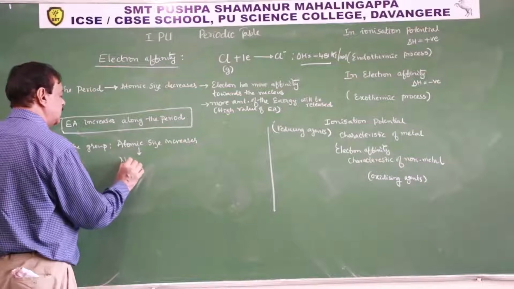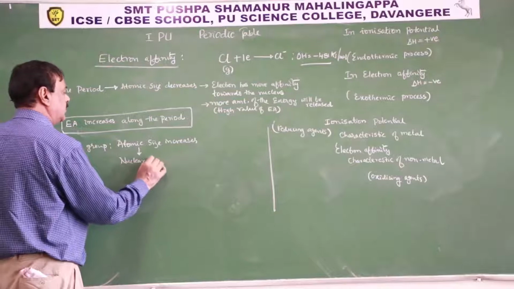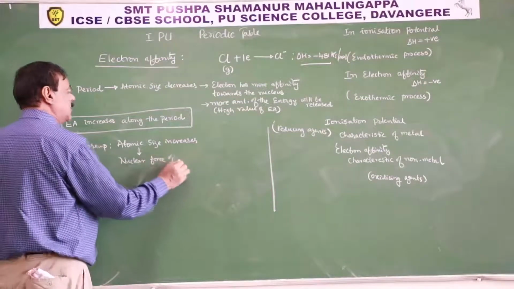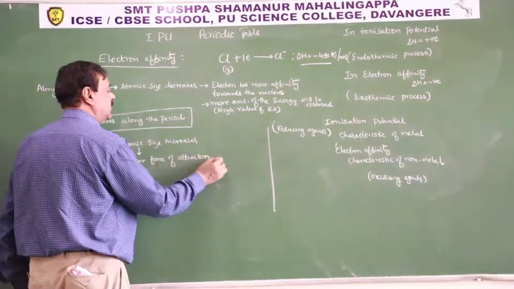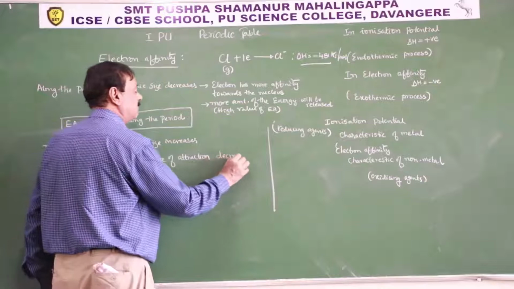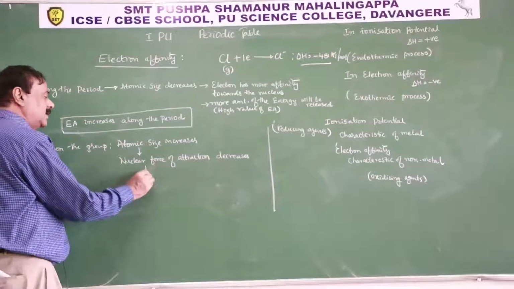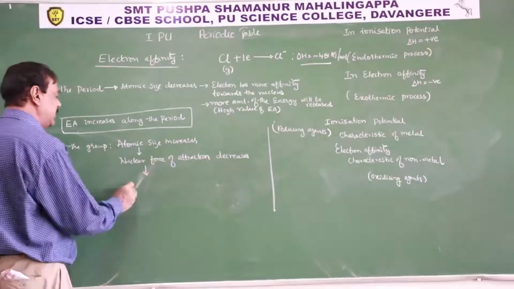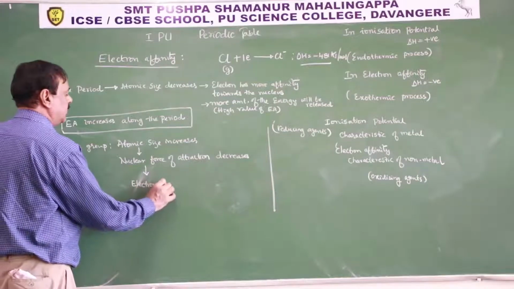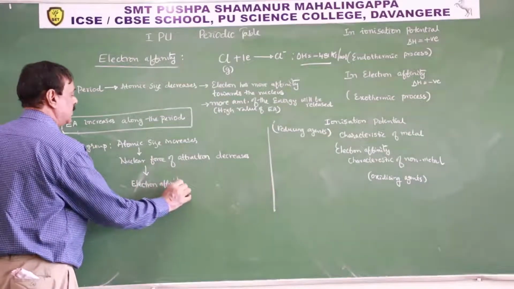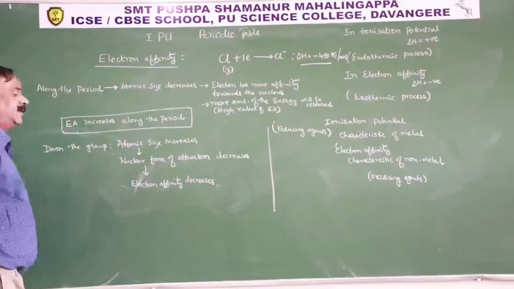The nuclear force of attraction decreases, and hence electron affinity decreases.